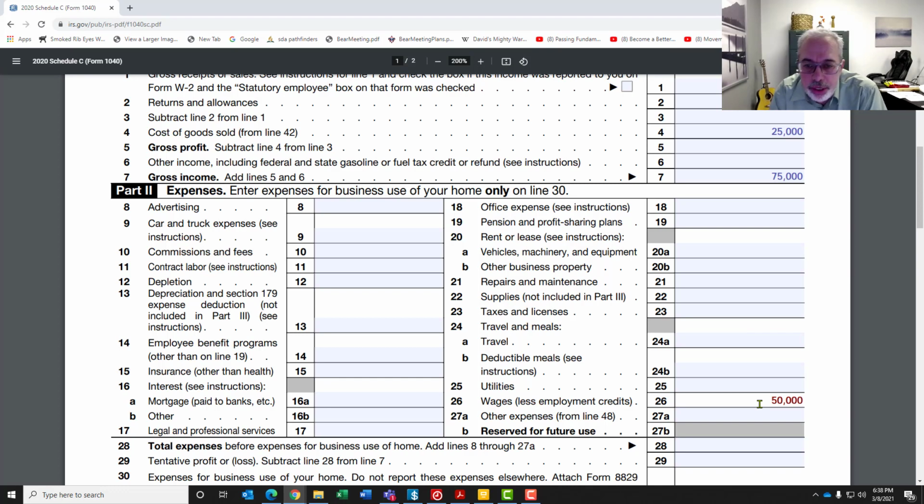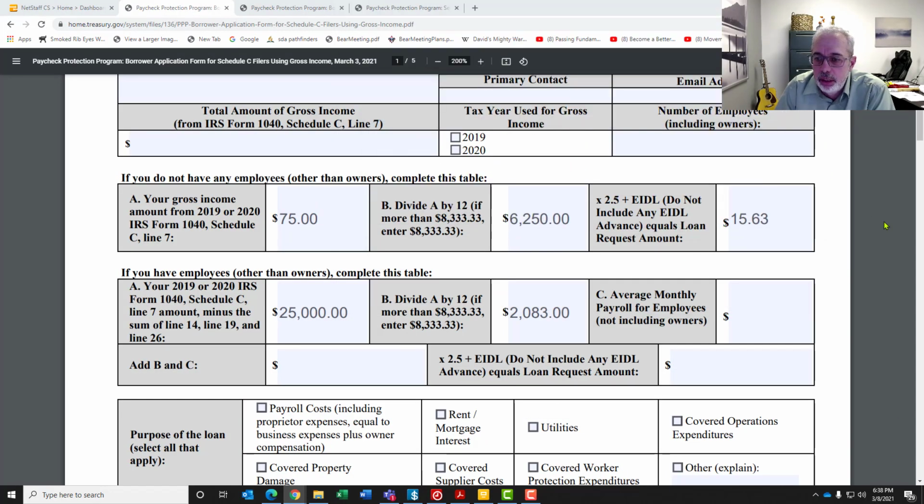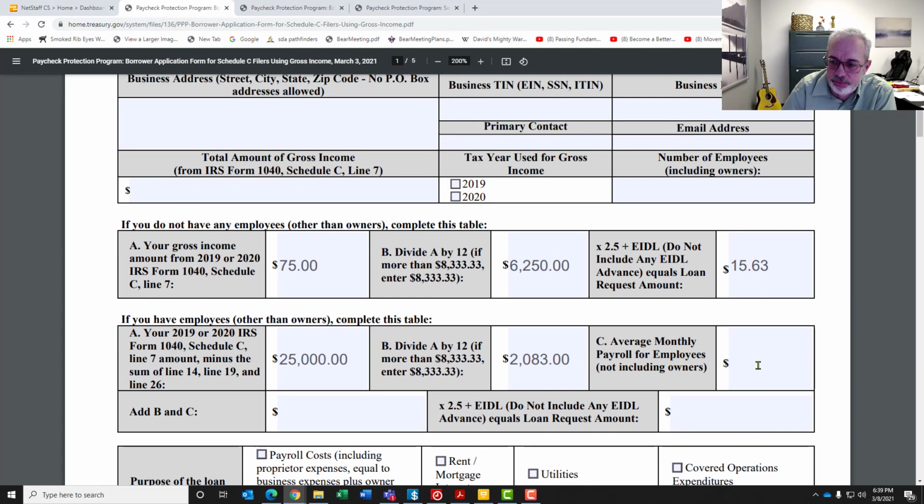So we're going to take our wages, and if we had the other lines too, pension and employee benefit programs, we'd add those together, and we would divide those by 12 as well. So in this case, we had wages of $50,000. So our average monthly payroll is going to be 50,000 divided by 12 equals 4166.